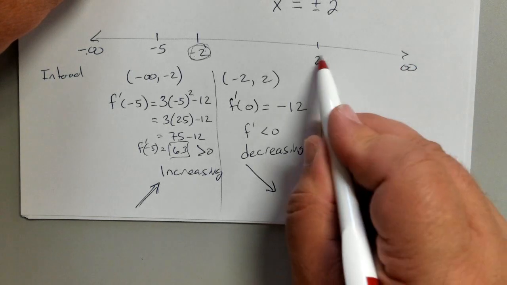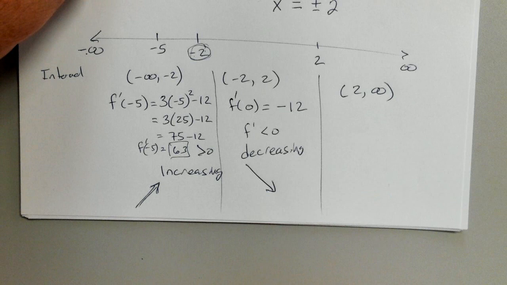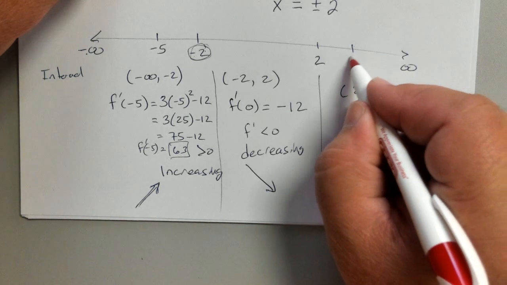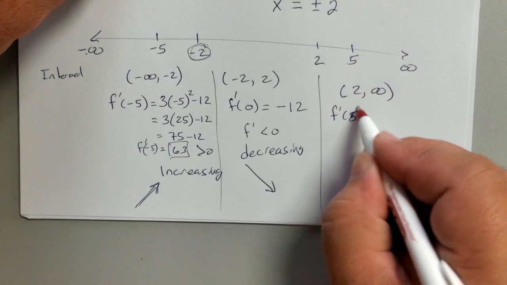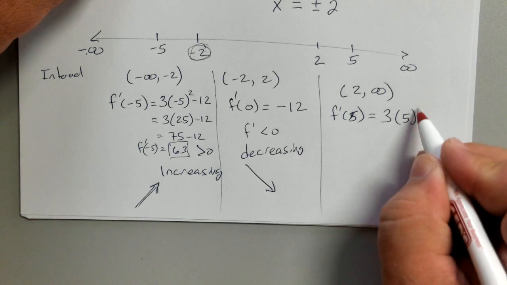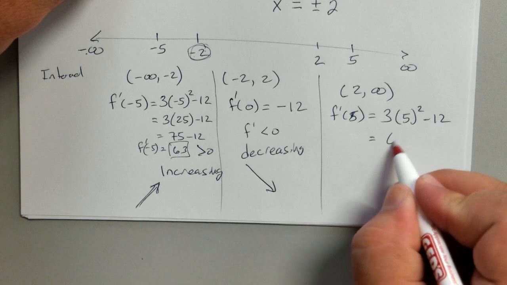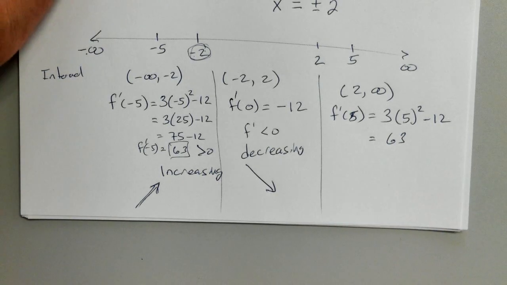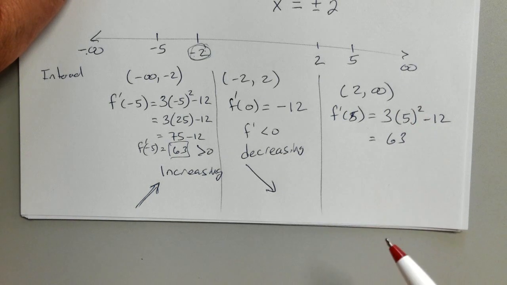Pick a point between the last interval, which is from 2 to infinity. Okay. Plug that in our first derivative. Get 63 again. Because no matter whether it's positive or negative, when you square it, it becomes positive 25.